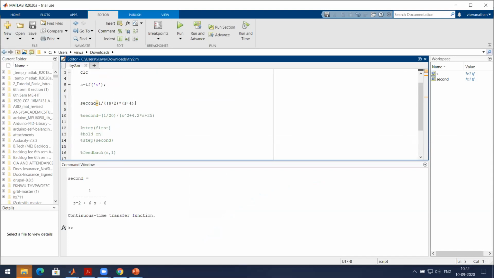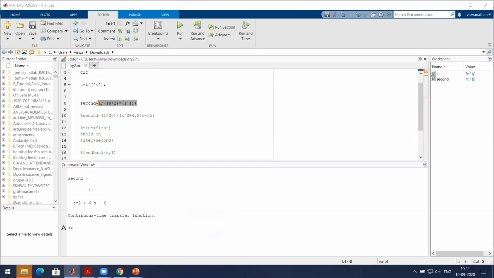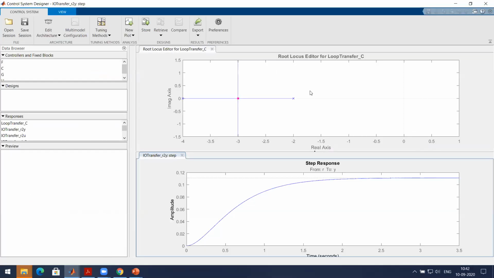Yes, sir. So 1 divided by s plus 2 into s plus 4 I have given. And then open the control system designer. So you have 2 poles.